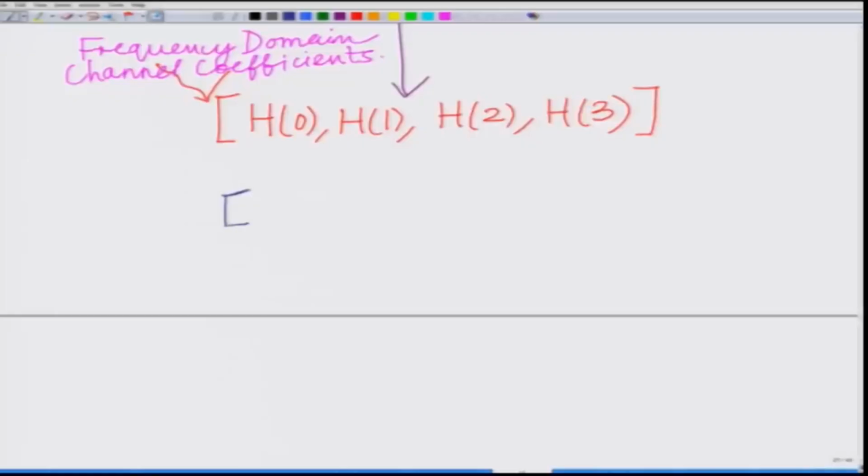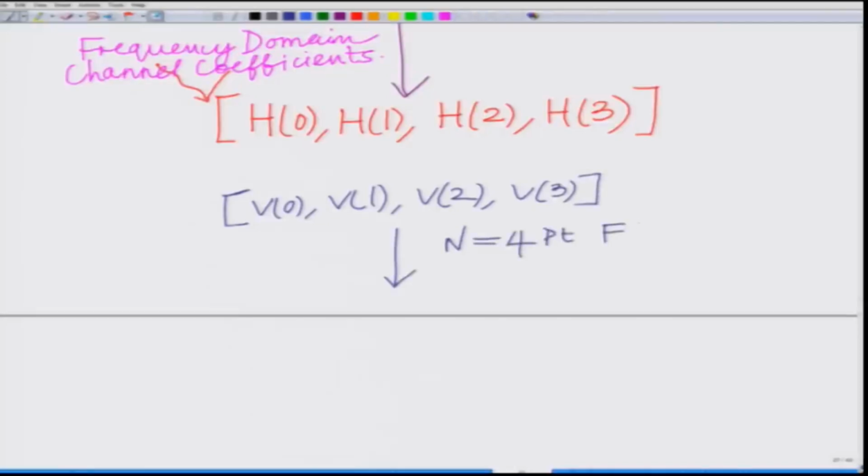And finally, of course, you take the small v's, which are the time domain noise samples, and you take the FFT of these, you generate the capital V's, which are the frequency domain noise samples, that is, the noise across each subcarrier L. Okay. So, you take the small v's, which are V0, V1, V2, V3, you take the N equal to 4 point FFT, you get the capital V0, V1, V2, V3.